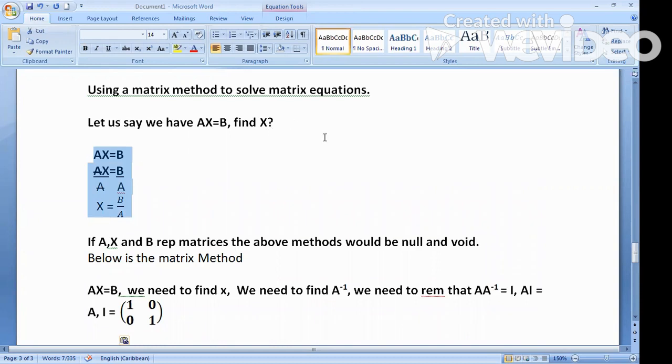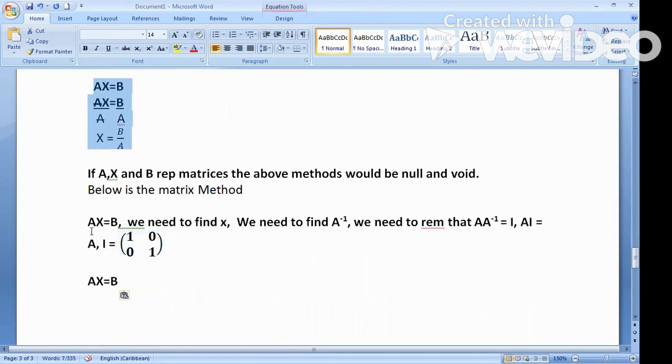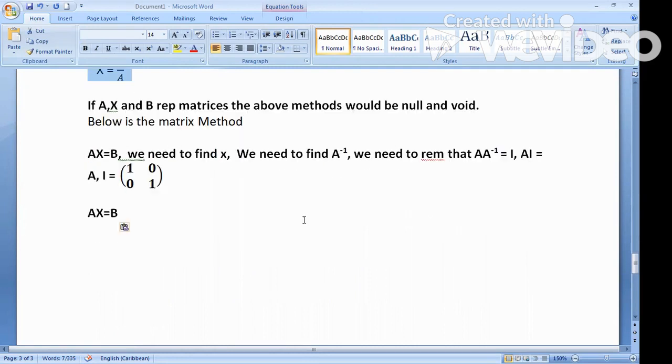For example, 2x is equal to 6. What is x equal to, class? 3. But guess what? A, X, and B are not regular letters. They represent matrices. So this is the matrix method.